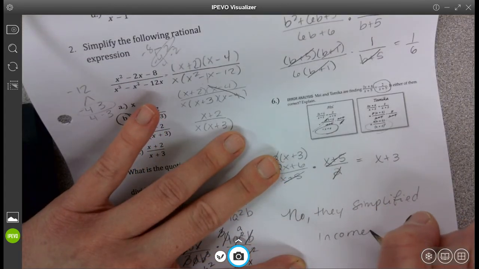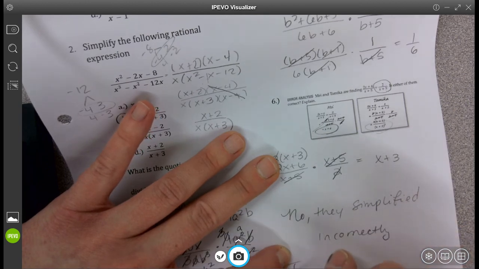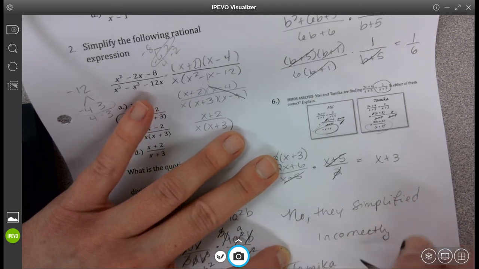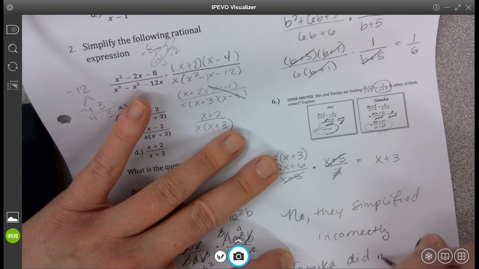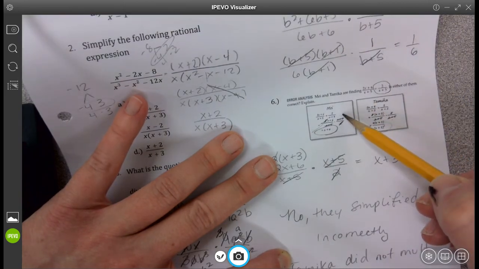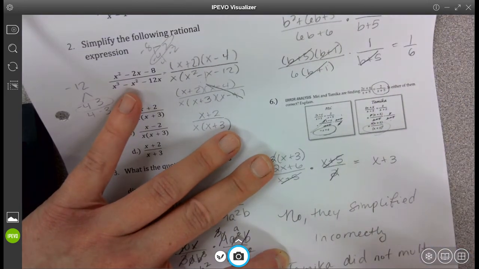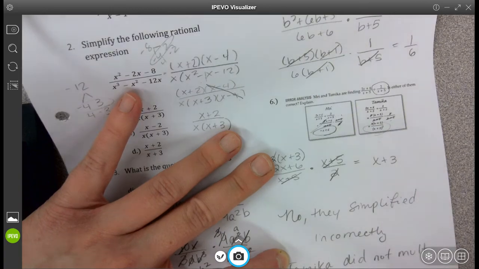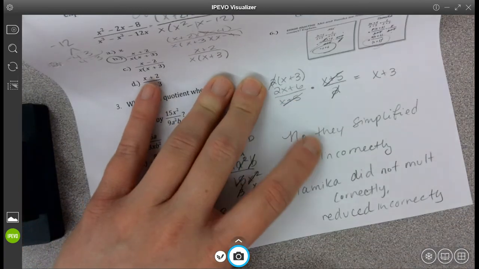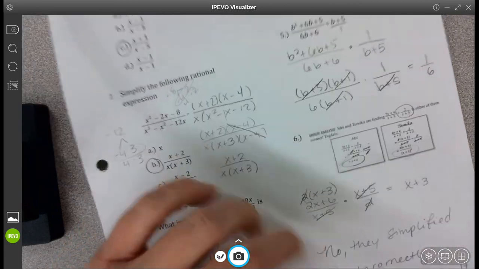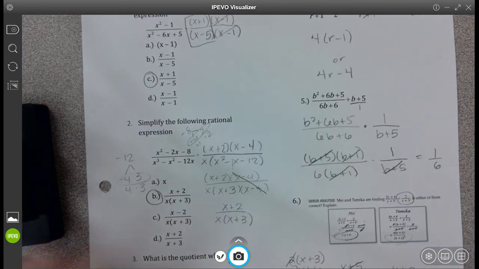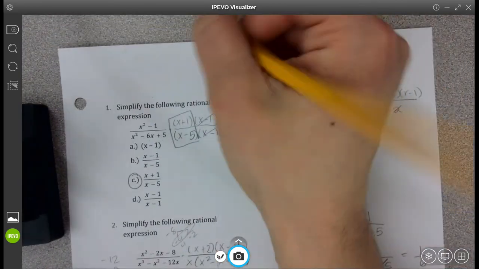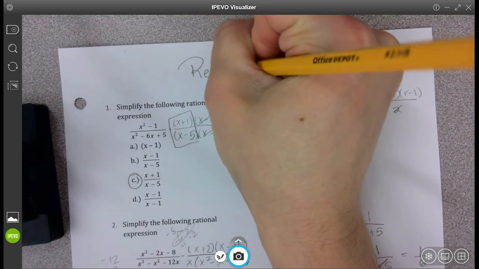But really, if you want to get specific, you could say Tamika did not multiply correctly. She never flipped it. And May reduced incorrectly. Okay, just try to work on getting answers that are more full rather than being like no. Okay. All right, so this is your review, and then complete the quiz on your own.